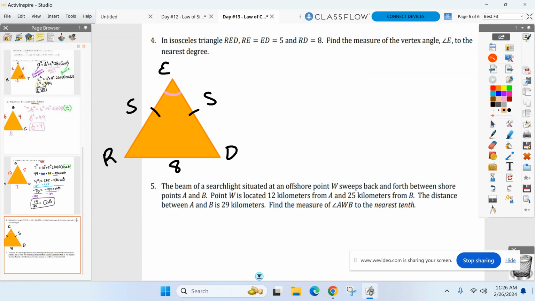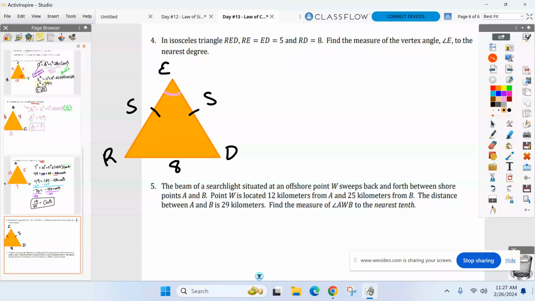Before we even start, I don't know how this is going to look on my paper or what I'm going to type into my calculator, but I at least know how this is going to end. I am having you find an angle. I don't care if we were doing SOHCAHTOA, law of sines, or right now law of cosines. If I have you find an angle, how's this going to end?